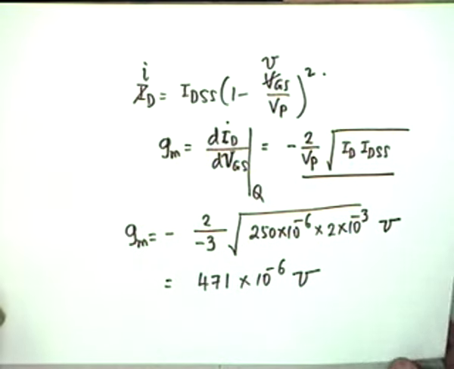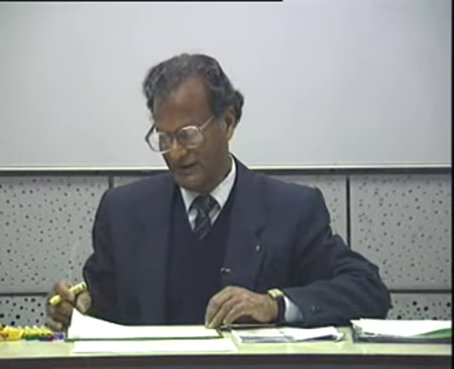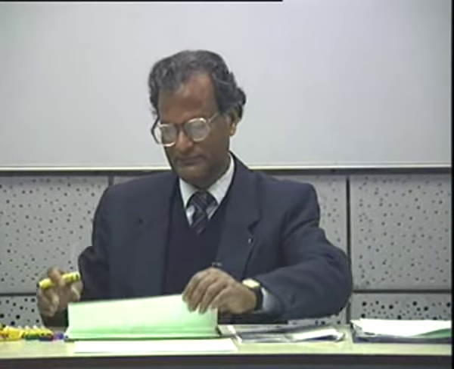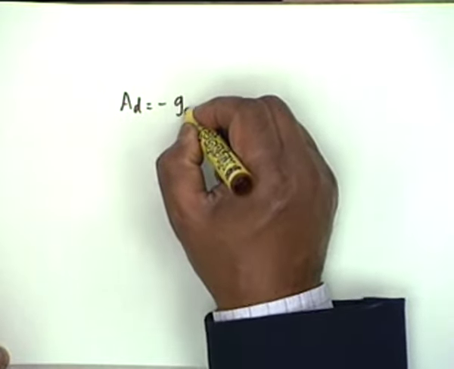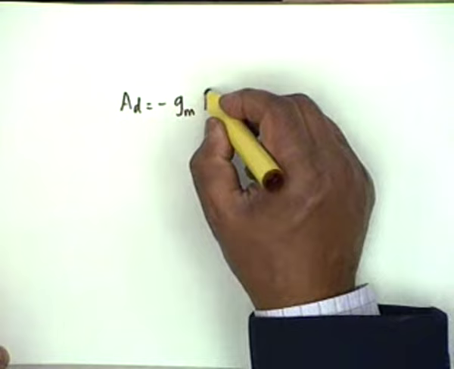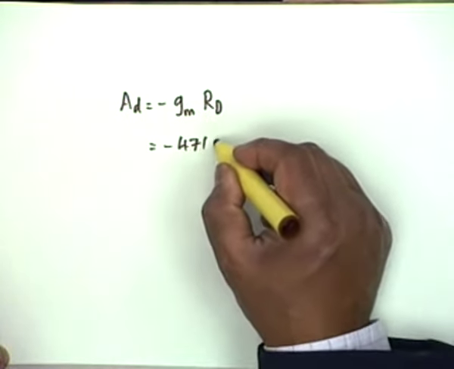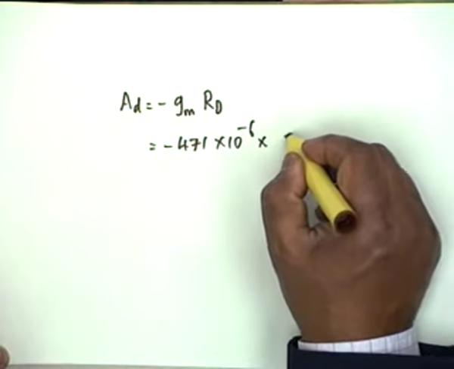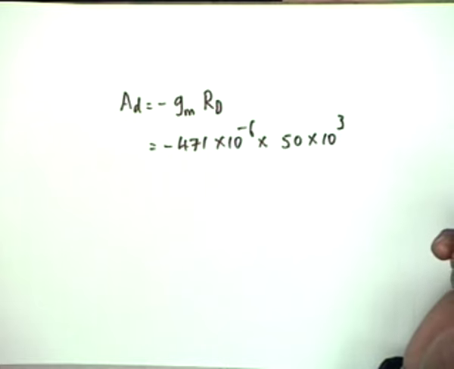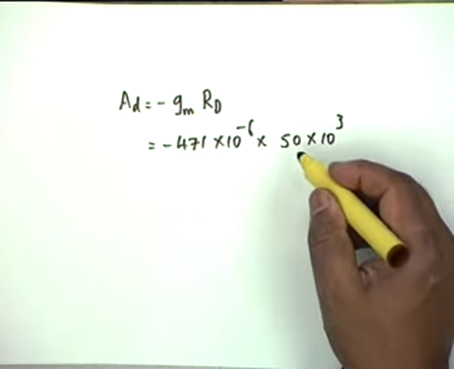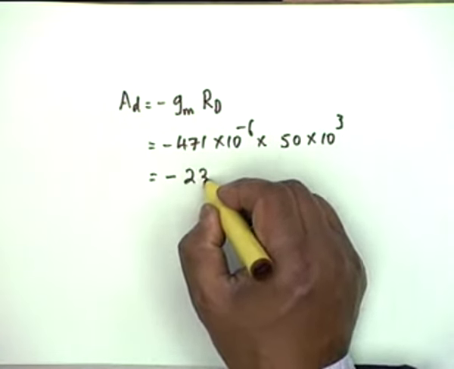Because this we require for calculating the differential gain as AD. AD, therefore, the differential gain is simply equal to minus GM times RD. Therefore, it is minus 471 times 10 to the minus 6 multiplied by 50 into 10 to the 3. It comes out as minus 23.6.